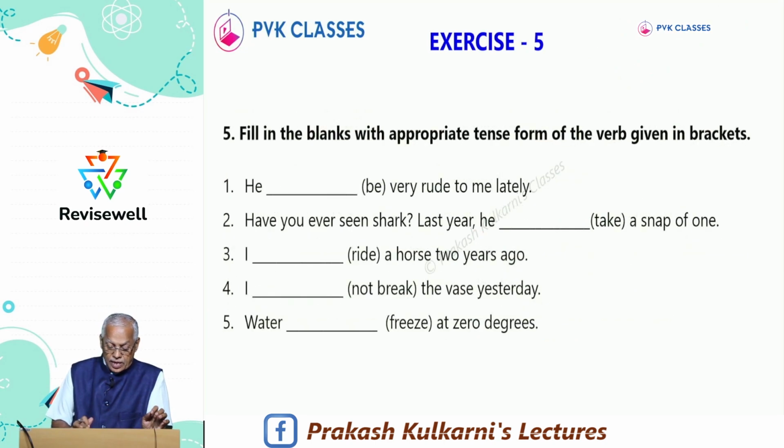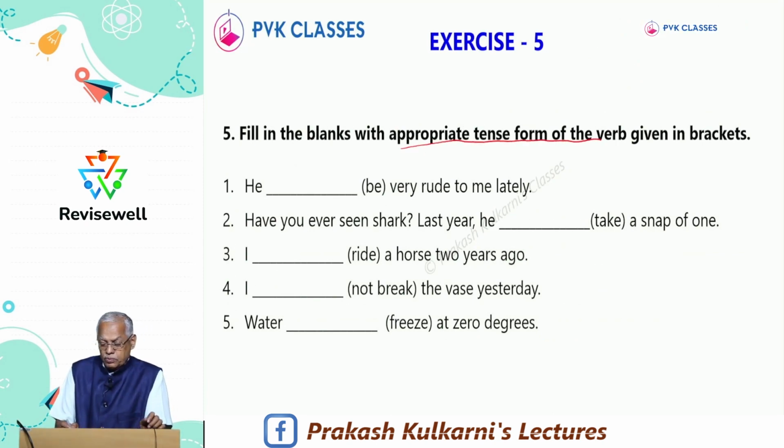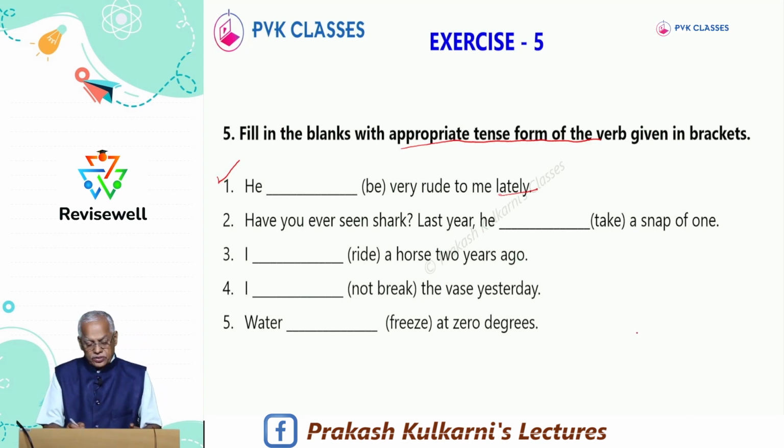Okay. And in exercise 5, correct tense form of the verb. You please practice more from the books. You will get a lot of information from the internet. He dash be very rude to me lately. So please remember, lately is the indication.